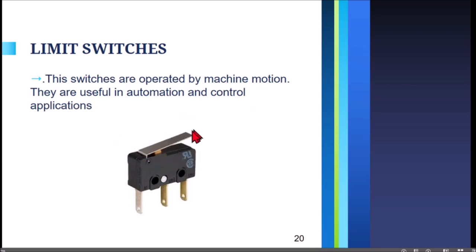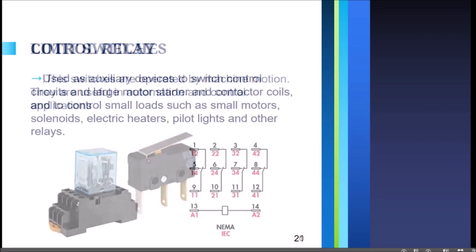When we say machine motion, if this part of the switch is pressed by the action of a machine or a certain weight, it will turn on or turn off the motor controller, depending on the normal state of the switch, whether normally open or normally closed.